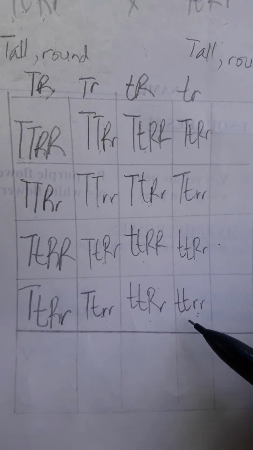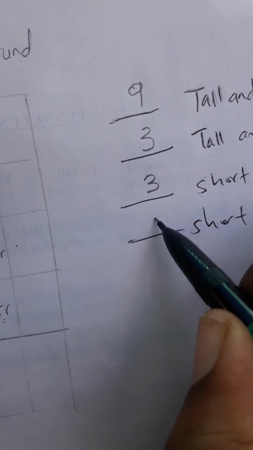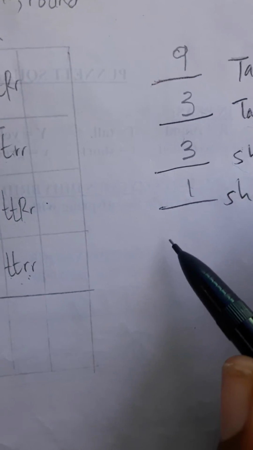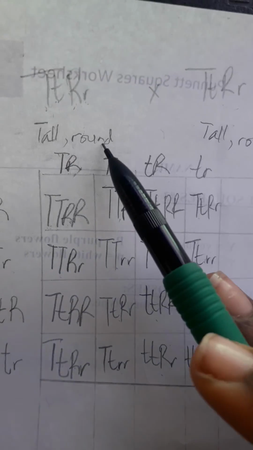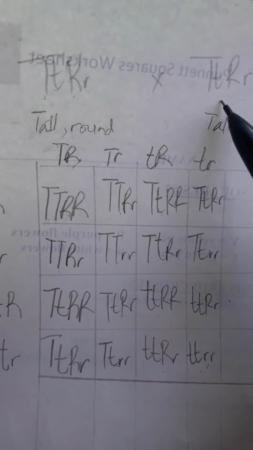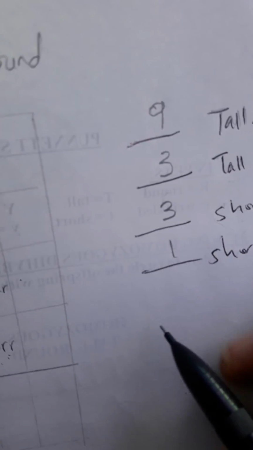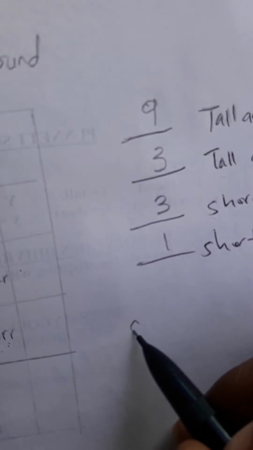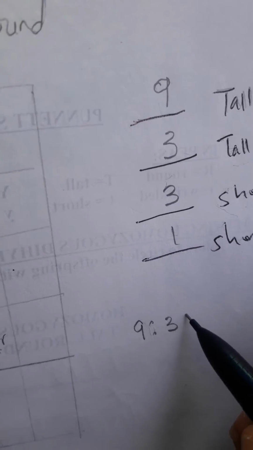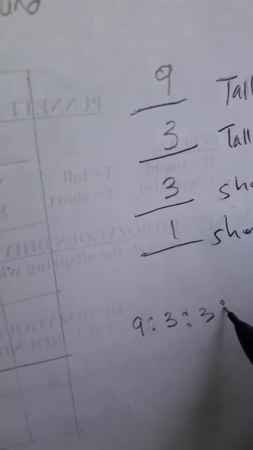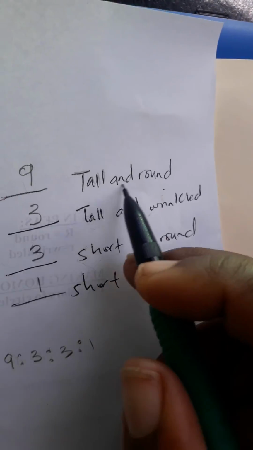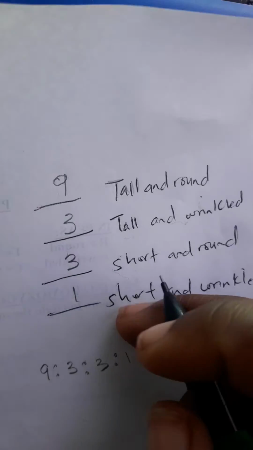That's only one possibility. So what we find from a cross between two parents that are heterozygous is a ratio of 9 to 3 to 3 to 1 for these traits.